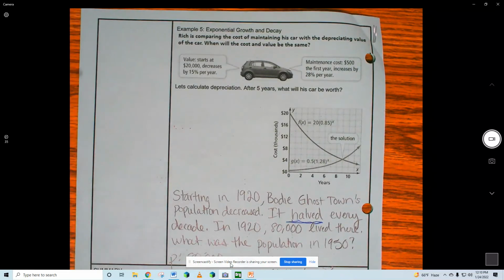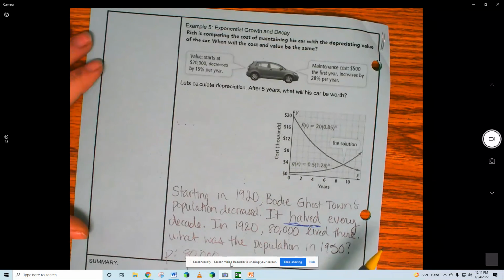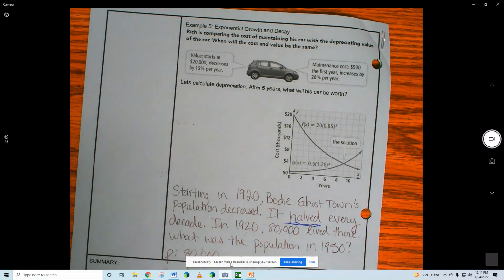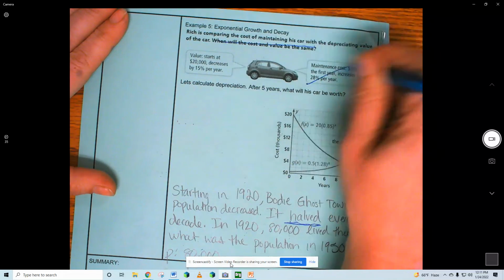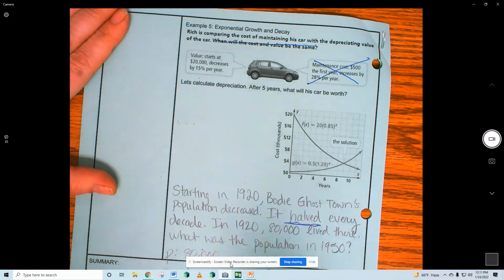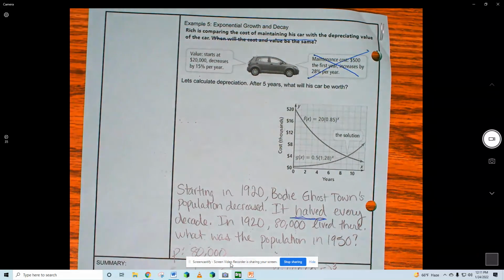All right. Last one. Now that we for sure have time, we can do the car problem. I am not going to worry about maintenance cost. All I'm asking is whether the car is decreasing. When you buy a brand new car, you drive it off the car lot, you keep it for a week or whatever, and the car instantly is worth less money.